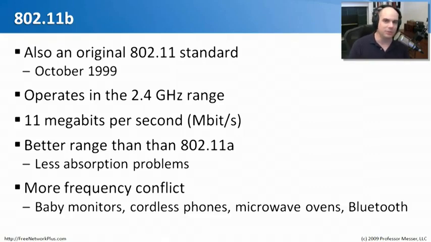There's baby monitors, there's cordless phones, there's microwave ovens, Bluetooth devices use this 2.4 gigahertz range. And so today, even if you are on some networks that are just 802.11b, someone will start popping some popcorn in the microwave and suddenly you can't communicate for 4 minutes at a time because it conflicts with those frequencies that you would normally see on the 802.11b networks.